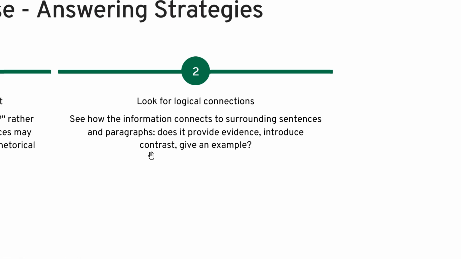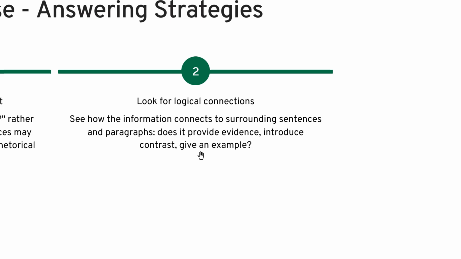Does it give similarities about another point? Does it provide an example to a claim? Does it reject an idea? So which kind of relationship is inside the text, inside the sentences, inside two paragraphs? That's the second thing. Carefully think about it and try to find the logical connections between the ideas.